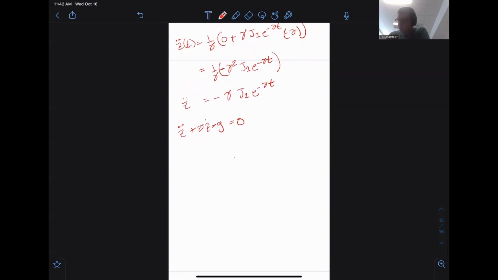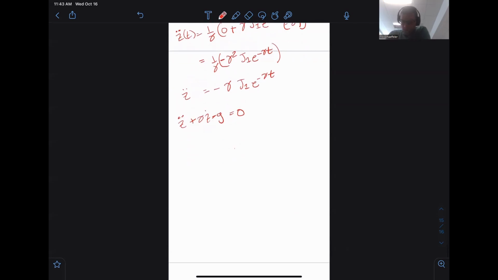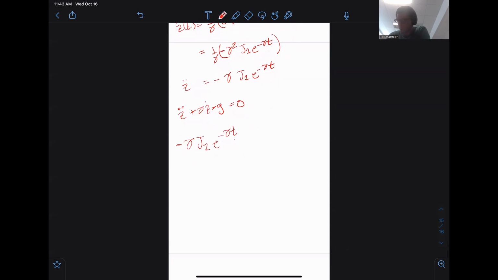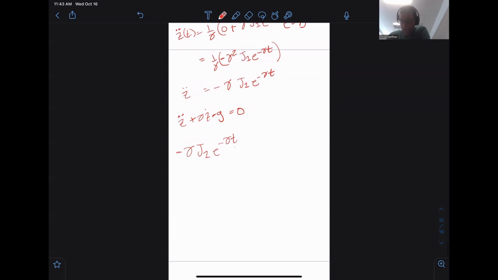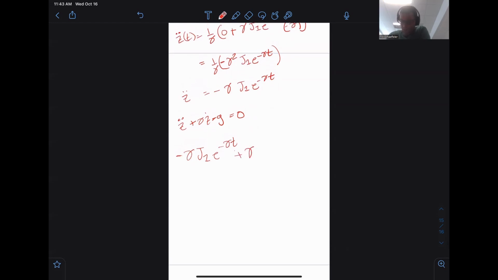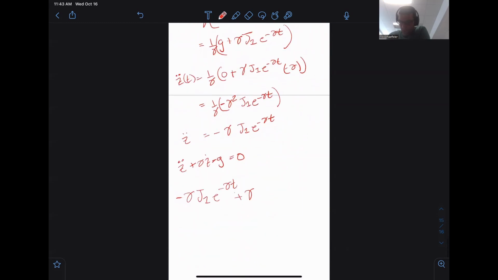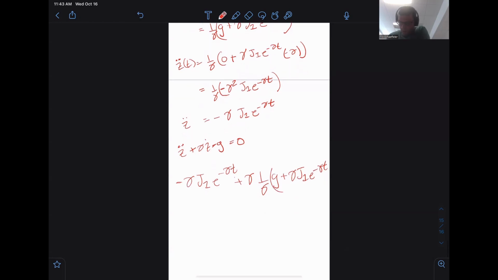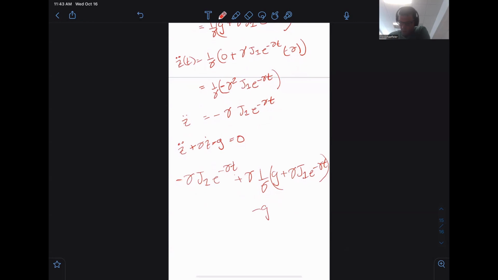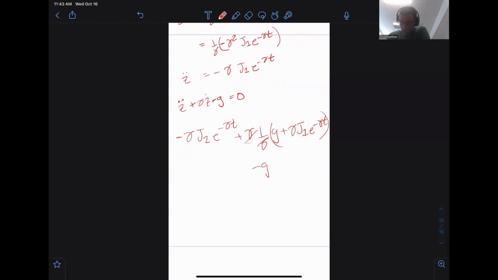So you can see that that's going to give exactly 0.